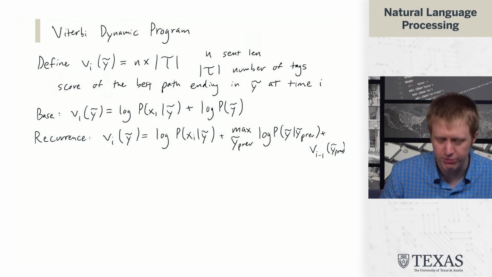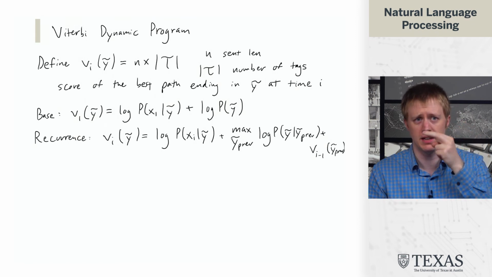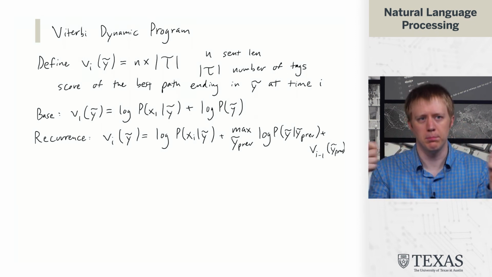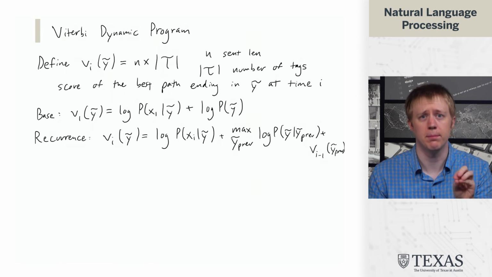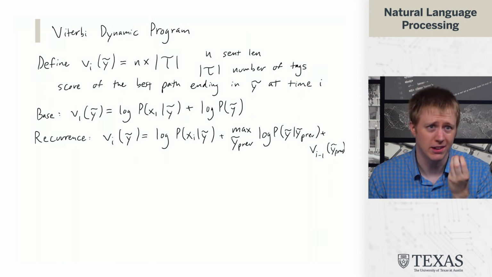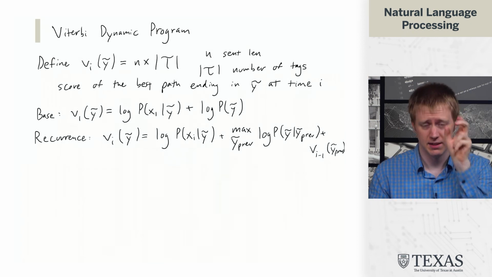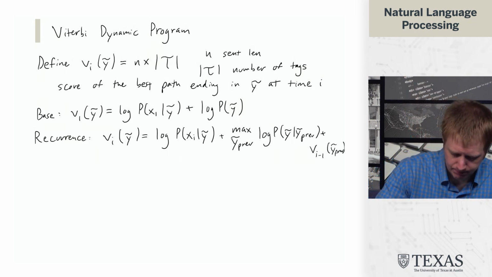If we didn't have transition probabilities, if it were just emissions, we would be able to just independently max at each time step, but the transitions end up coupling everything together. But because of this Markov property where we only depend on the one previous time step, we can get away with this relatively small dynamic programming chart that just maintains a score for the tag at the current time step.